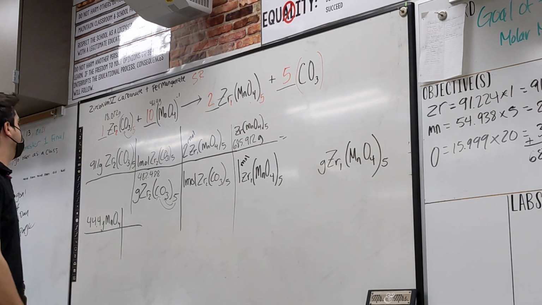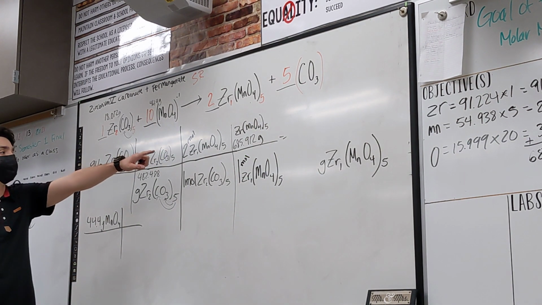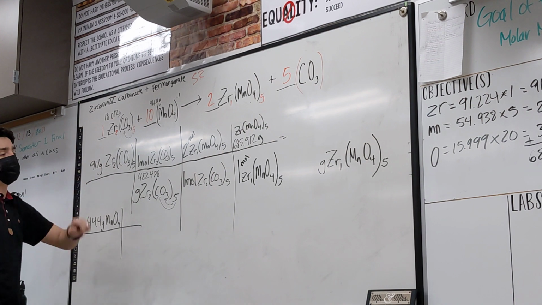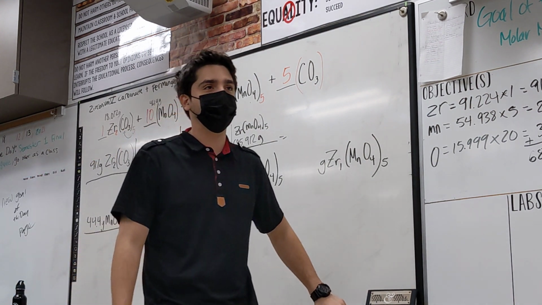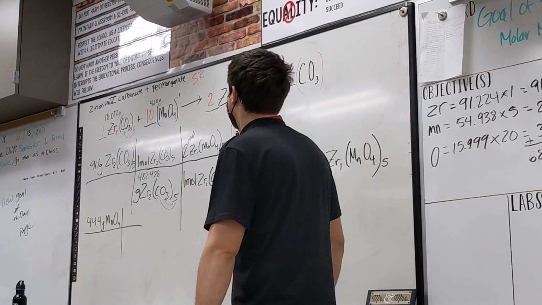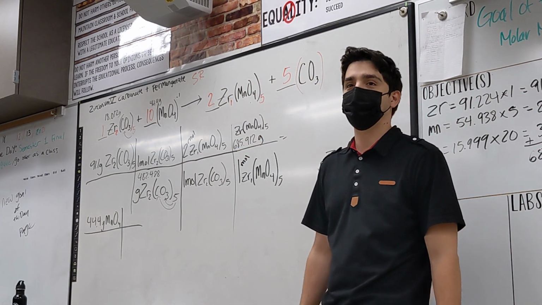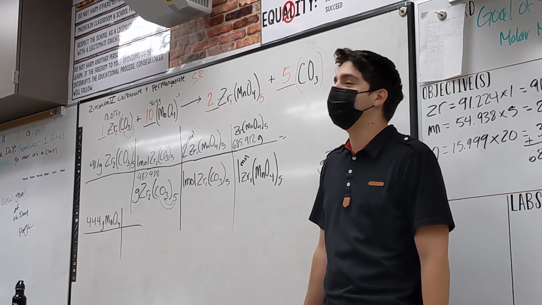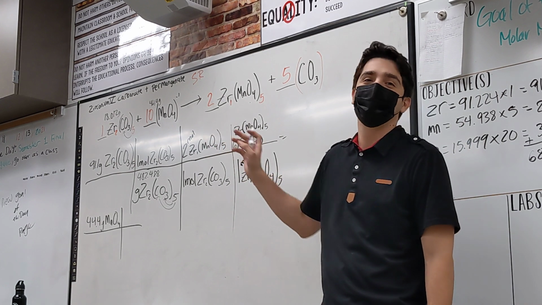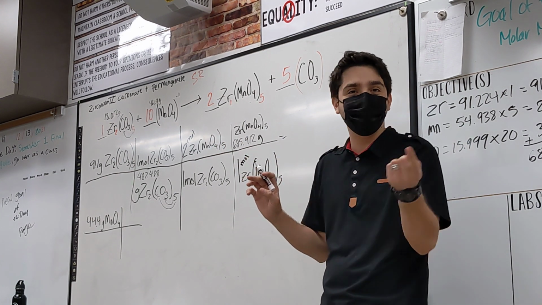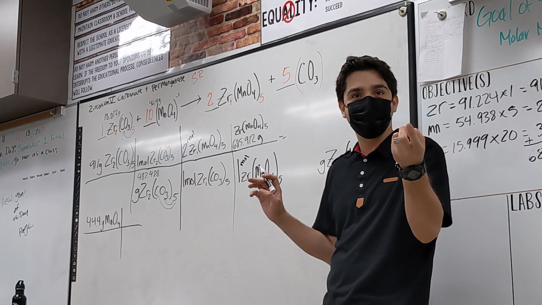Boom. Okay, so now we just gotta multiply 685.912 times 2 times 91.1. This is 91.1, not 99.1.